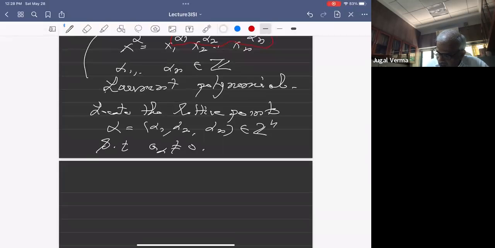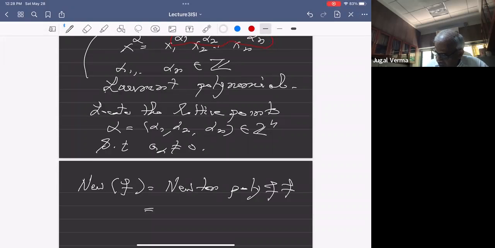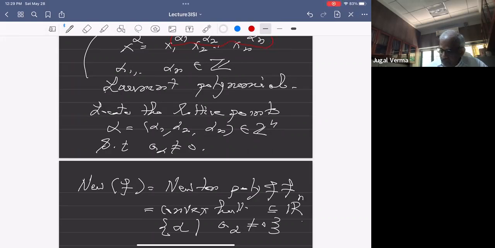And then take the convex hull, and that is called the Newton polytope of f. It is the convex hull of all the alphas such that a_alpha is not equal to 0. So this is a closed bounded set in R^n. Yeah. So every Laurent polynomial has an associated Newton polytope in n-dimensional Euclidean space.